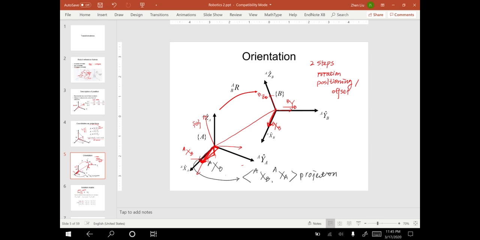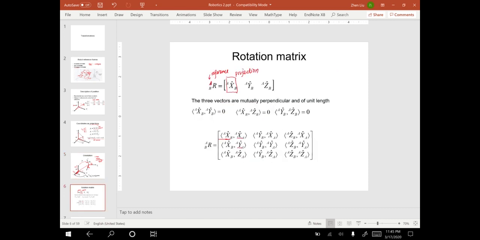So if we want to do the projection of XB A in the A frame, that means we have to project it to XAA, YAA, and ZAA. So again, this is a number, this is a number, this is a number. So again, this is the dot product.